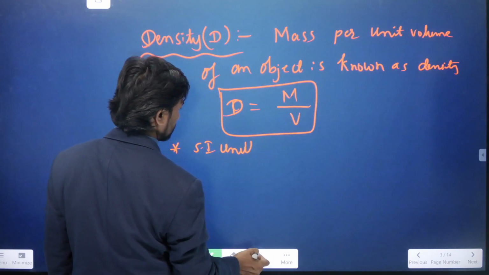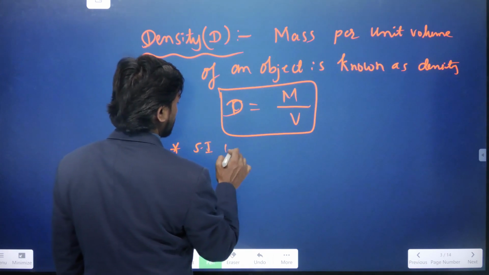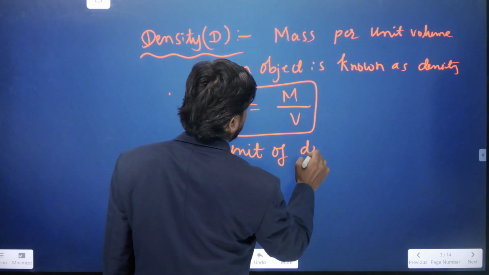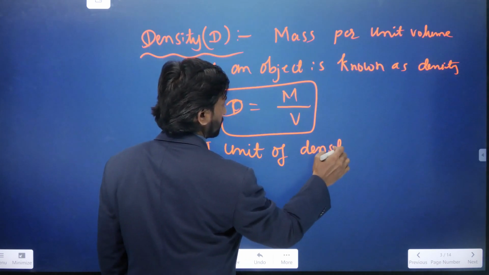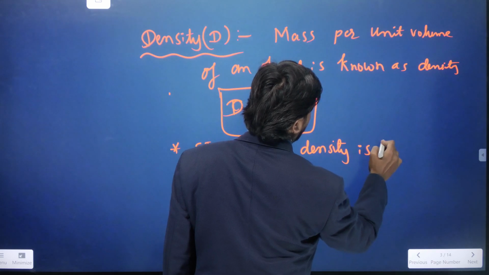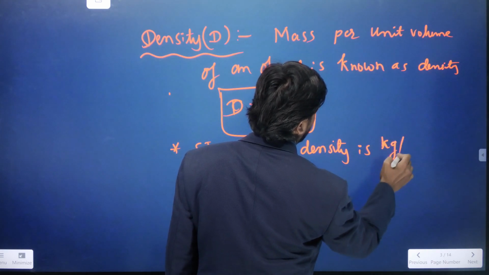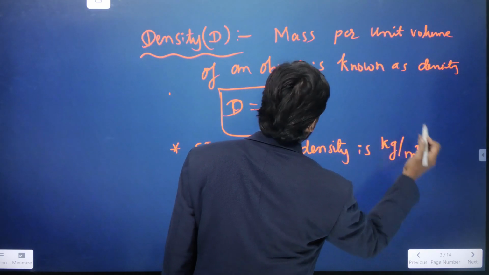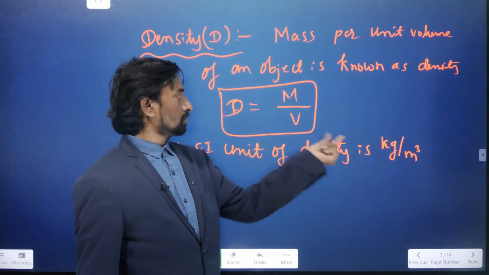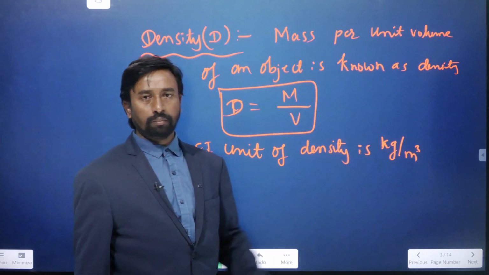The SI unit of density is kg per meter cube. Here the mass is measured in kg and the volume is measured in meter cube.